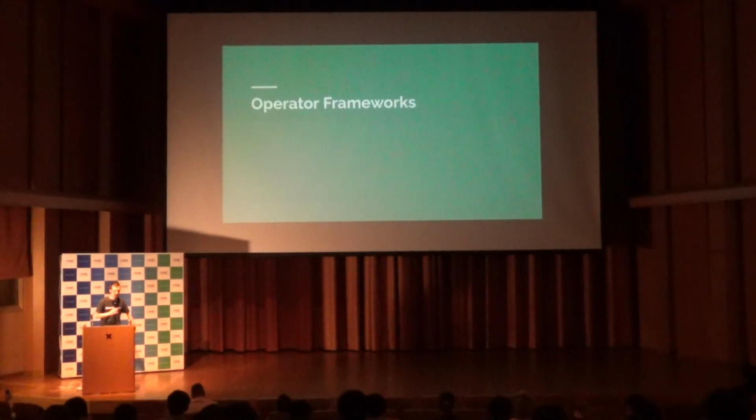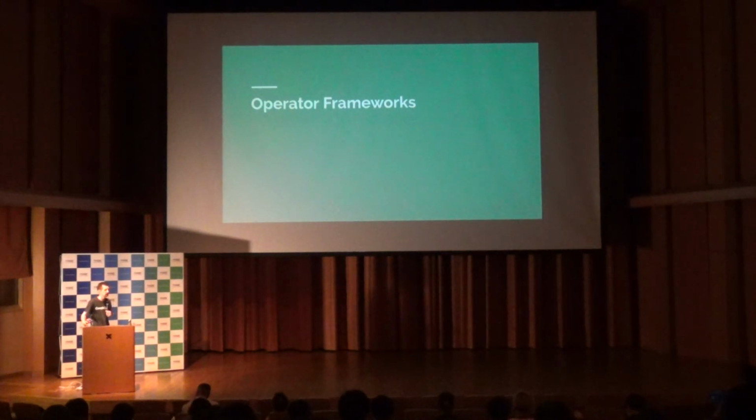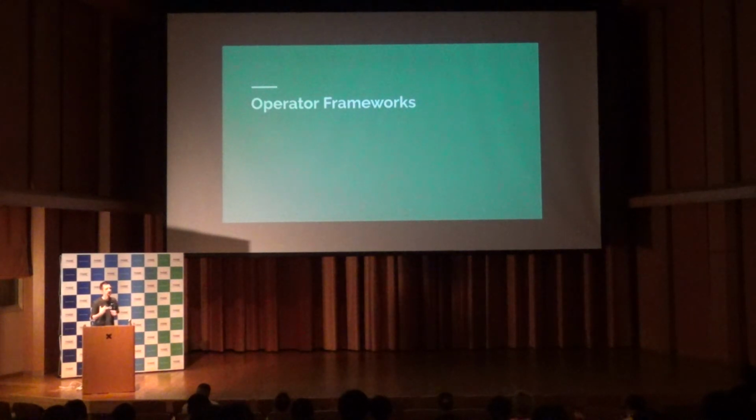So that's where these operator frameworks start to become more useful. Because Go doesn't have something like generics in Java, and it's a strongly typed language, when you're starting to add new types to the language, so these new types are the new types for our custom resources, right?